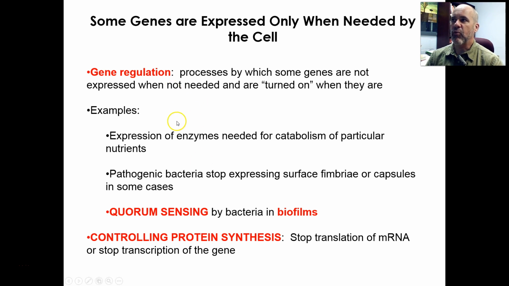So again, regulating protein synthesis at the genetic level is generally done through stopping transcription or stopping translation. Now you might think, well, why don't you just stop transcription, because that's going to conserve the most energy? Why do transcription and make the messenger RNA if you're not going to go on and do translation and make the protein?